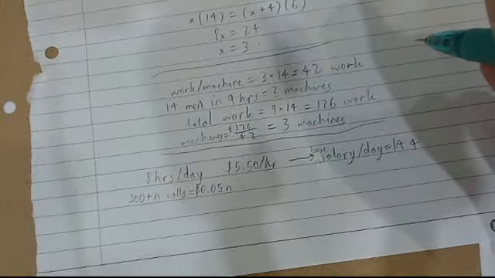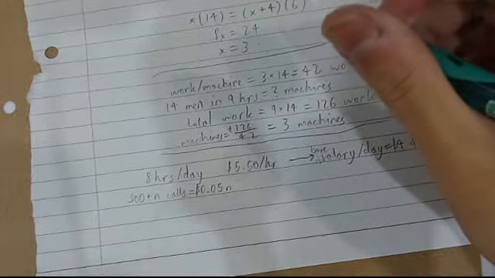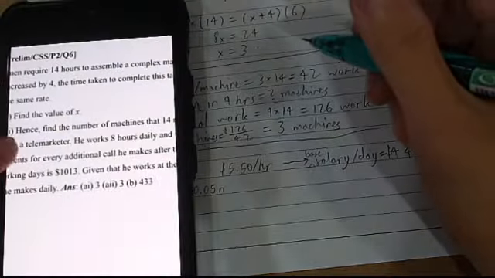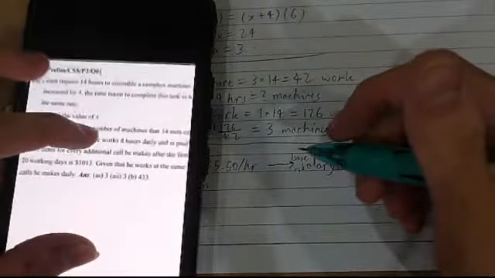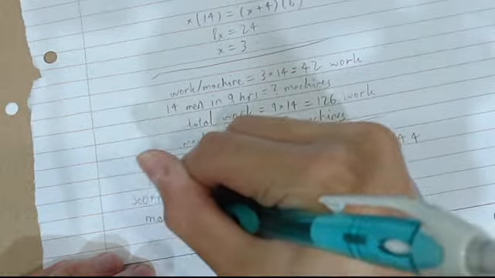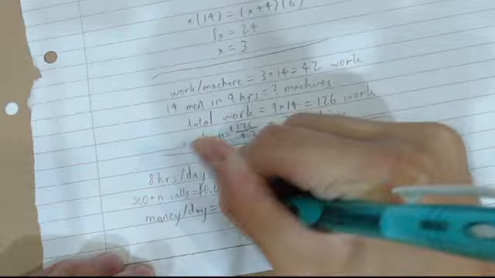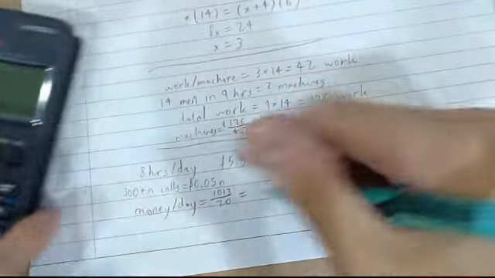Okay, so find the total number of calls. His total salary for 20 working days is 1013. Given that he works the same rate every day, per day he makes 1013 divided by 20 days, 50.65.